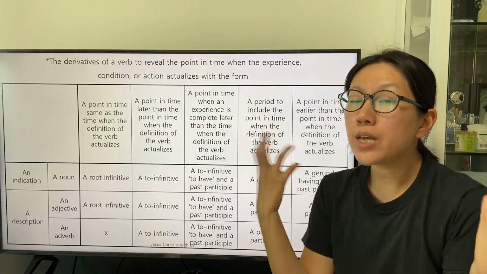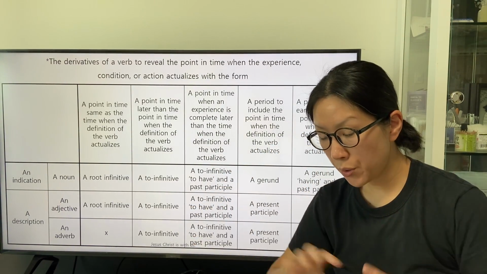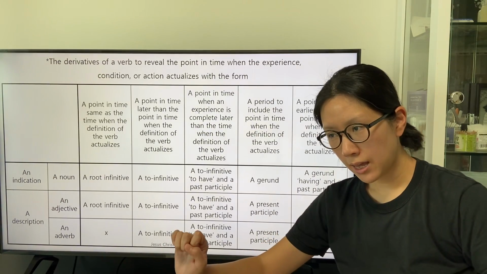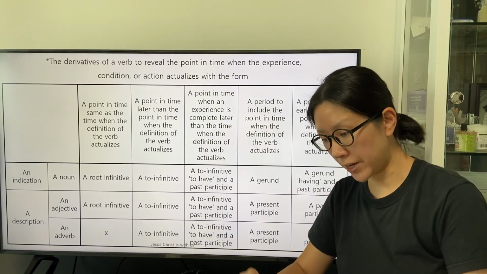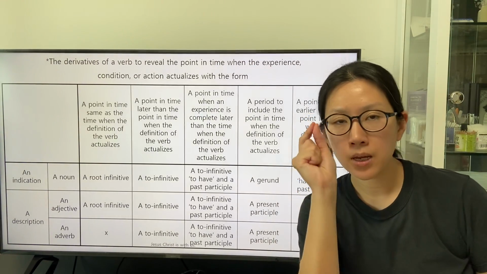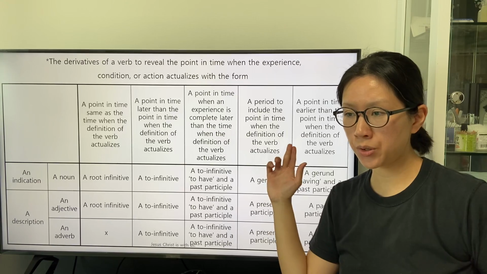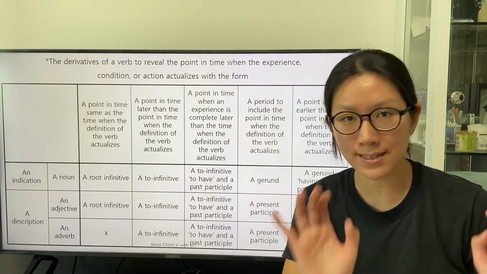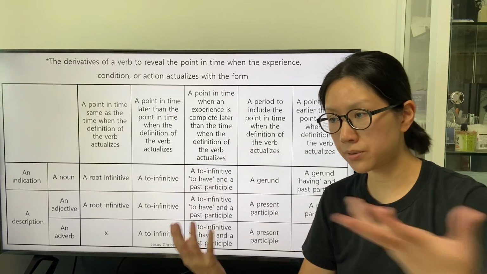We can think of the duration through a period, and we can find the origin of the period specified from a point in time. The point in time is stated according to the tense of the clause that these derivatives are applied in.